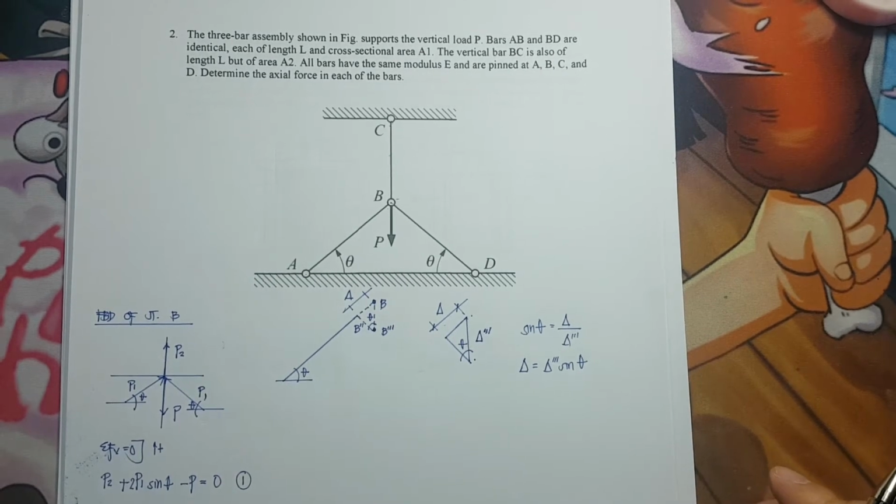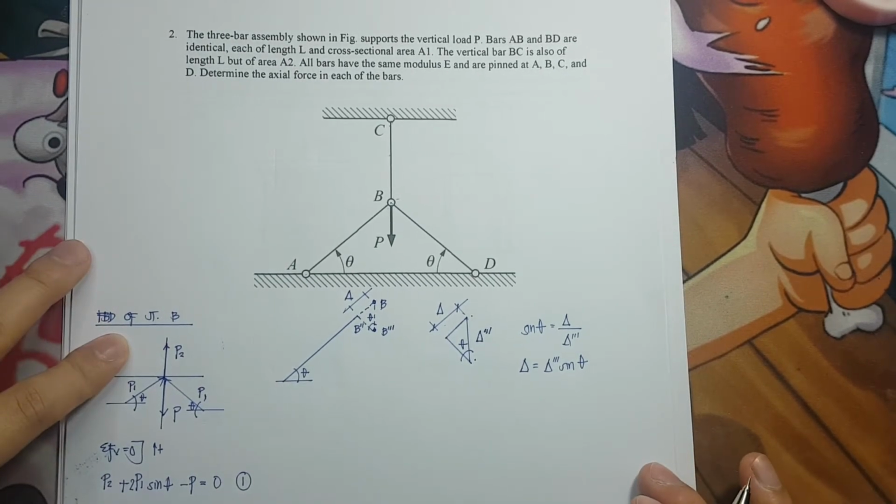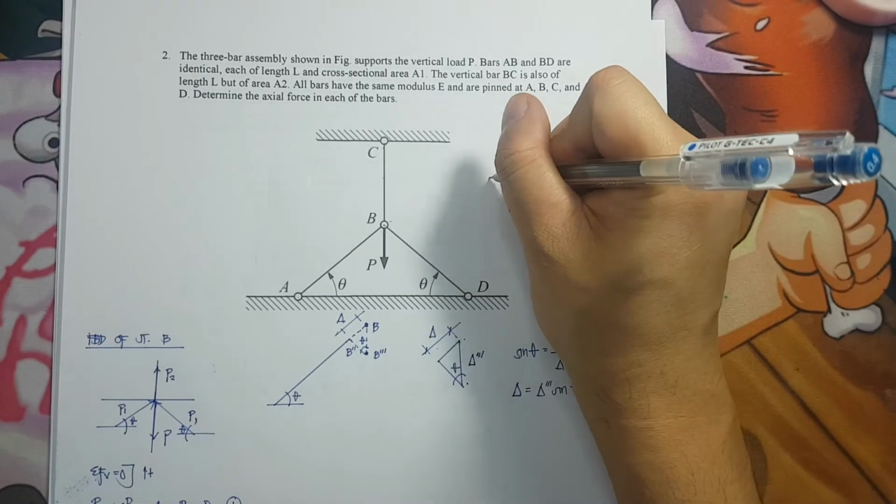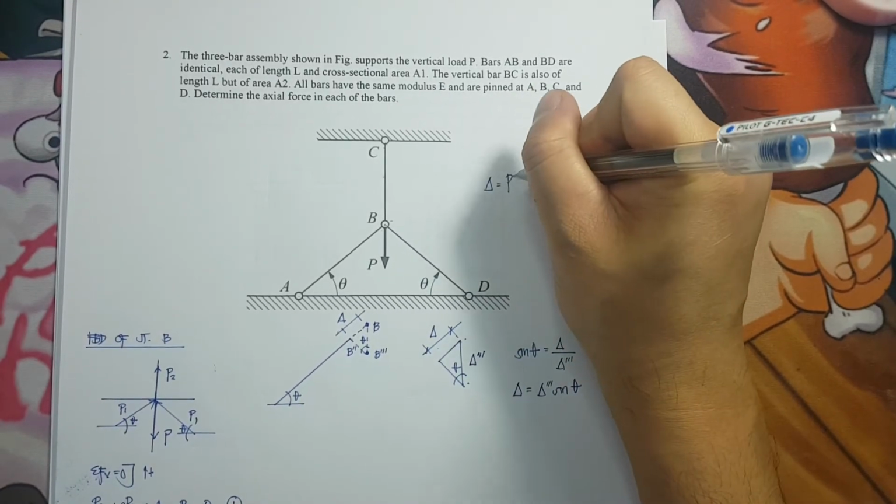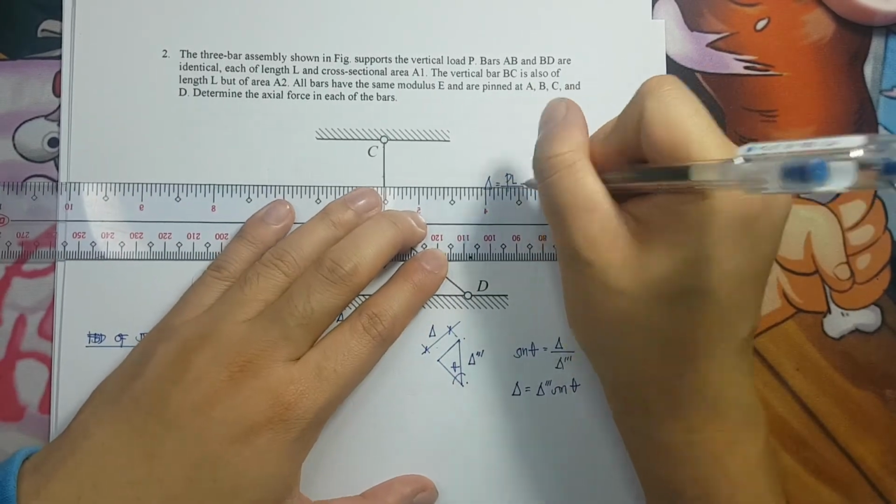So, we know that our working equation is delta is equivalent to PL over AE.